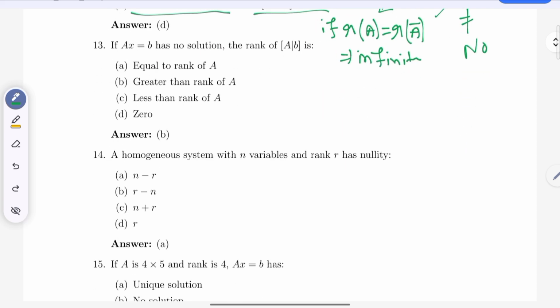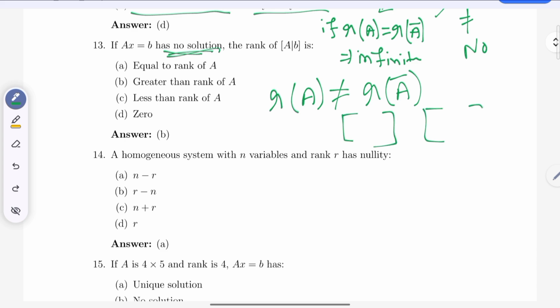Next question, rank of augmented matrix where Ax equal to B has no solution will be, so in this case since no solution, rank of A and rank of augmented matrix are not same. But if we take some example, let us take the matrix A with the augmented column.